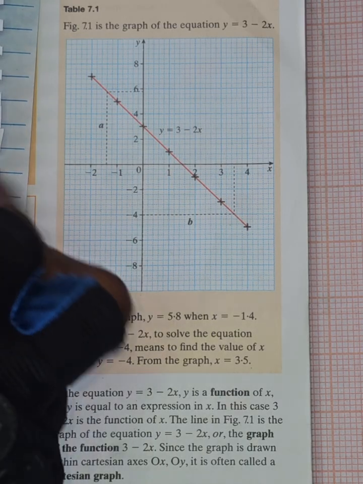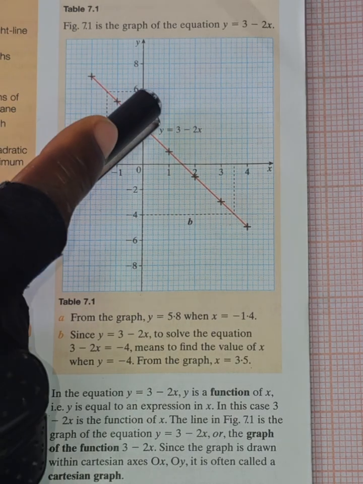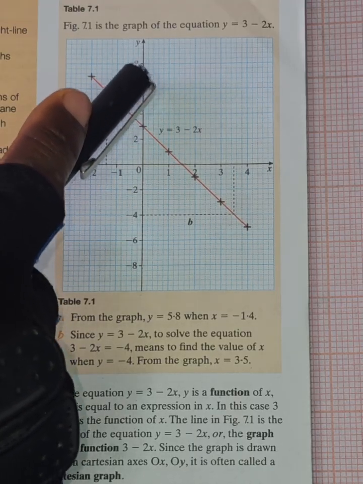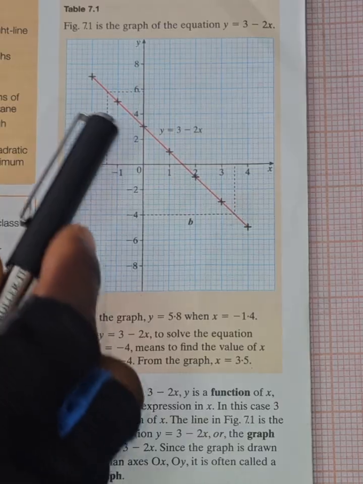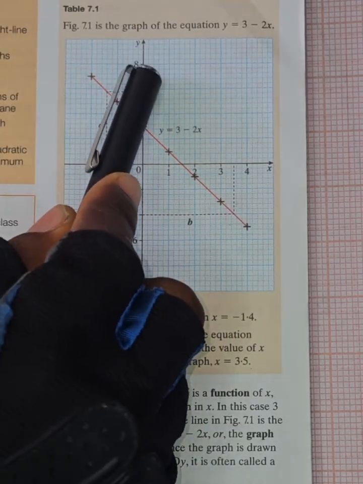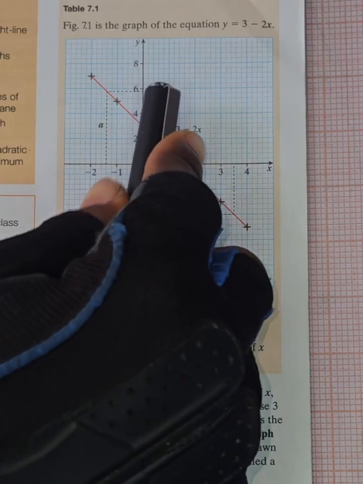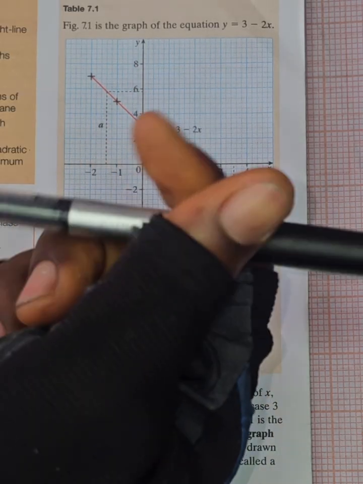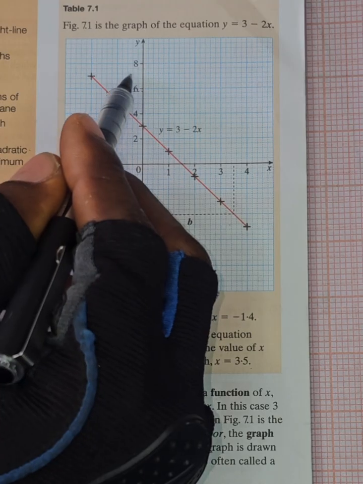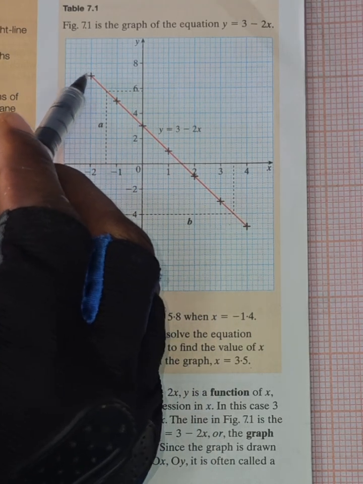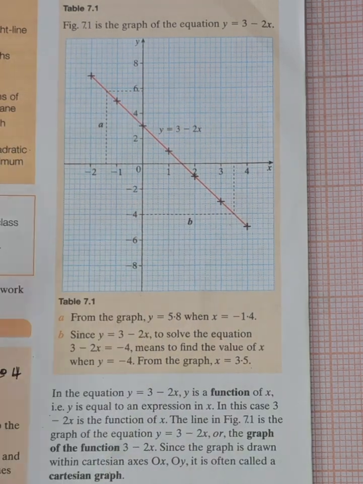So meaning each of the squares is 0.4. 0.4 times 5 is 2, which will give you 8. So the middle of this 6 and 8 will give us 7. So that's what you have here. When x is minus 2, y is 7, you now put a dash there and leave it.